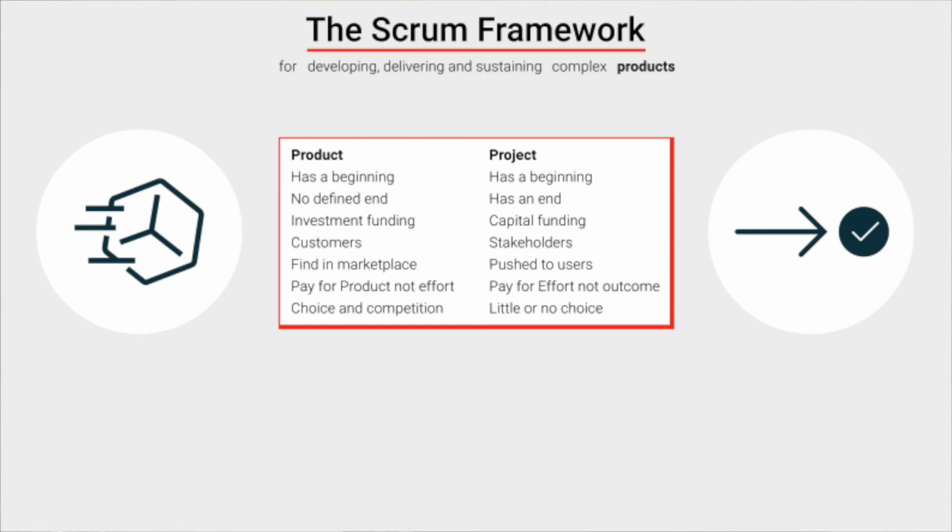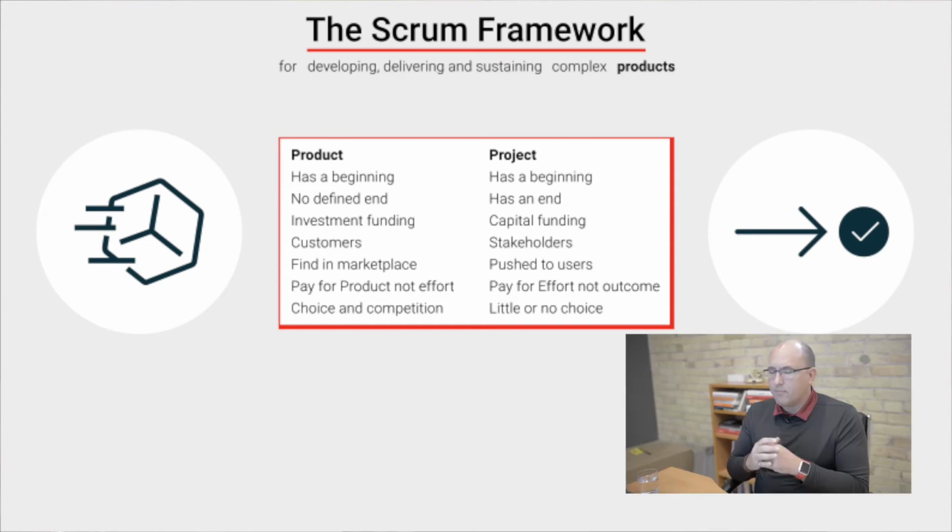Projects have stakeholders. That's a very generic term. Products, on the other hand, specifically have customers. These are people who will find your product in a marketplace, who will pay for the product itself, not the effort to build the product, and who often have choice and can look at possibly competing products.